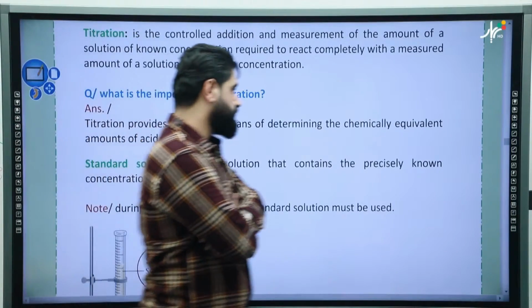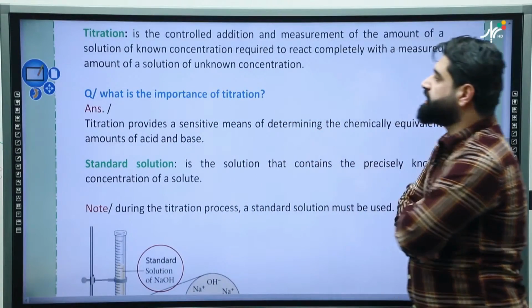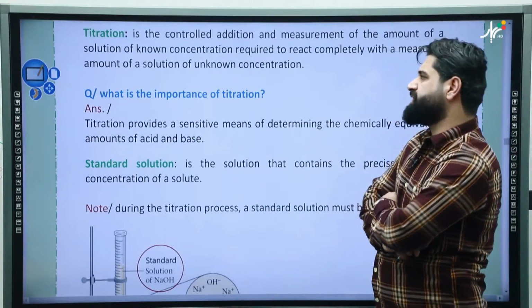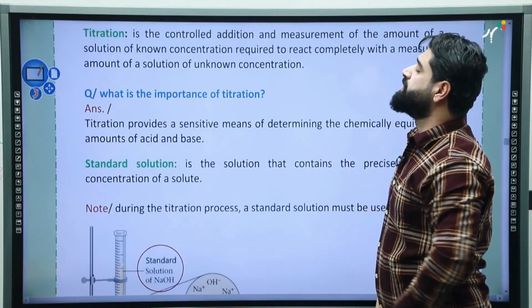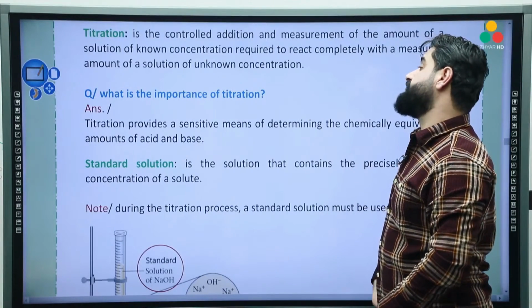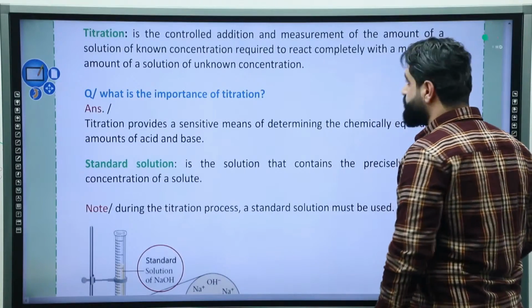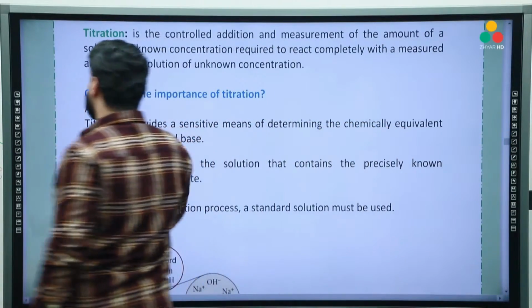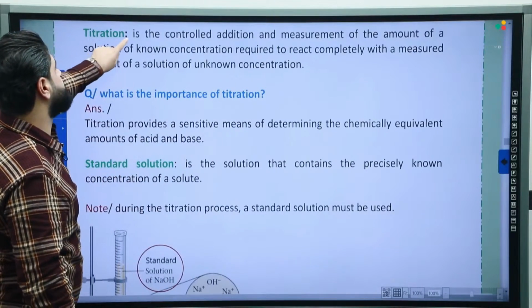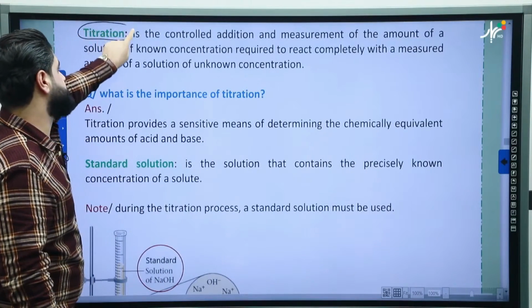What is titration process? Well, actually, I don't like to talk about the definition of the titration because the definition is one thing and the aim of the experiment is another thing. But for you, it's mandatory to be memorized.